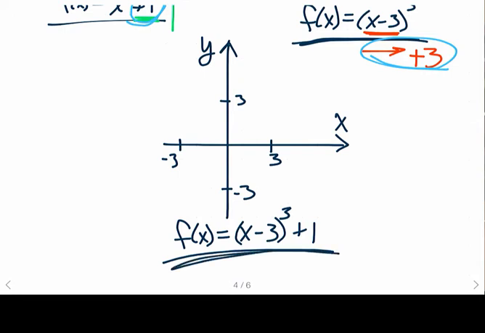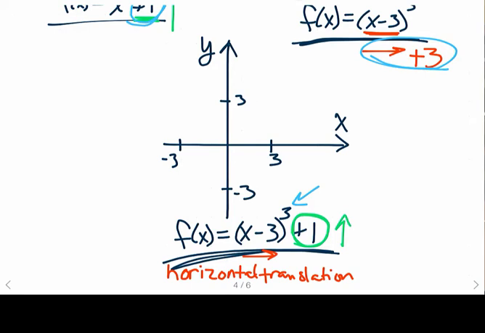So the way I'm reading this is the quantity cubed portion indicates the shape that I'm going to be drawing. x minus 3, inside the parentheses, that's going to be a left-right translation. In fact, we call that a horizontal translation. And then the +1 outside the argument is what we call a vertical translation.